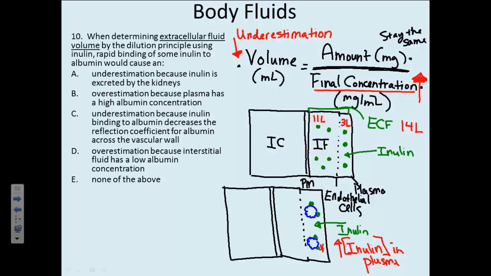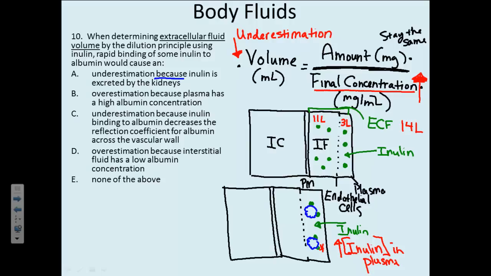Okay. So if we go over to response A, it initially says underestimation, so we haven't turned anything off right there. It says that it's an underestimation because, remember, because is always an important word here, inulin is excreted by the kidneys.